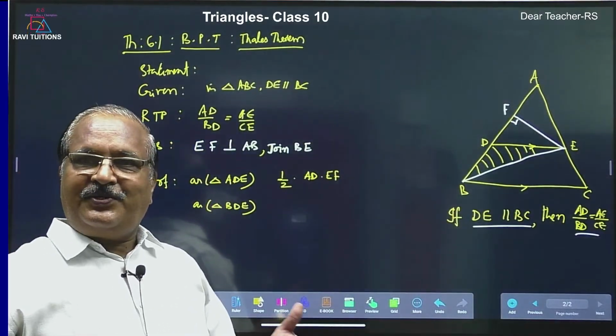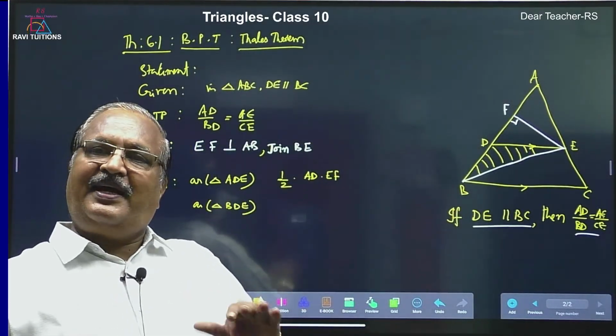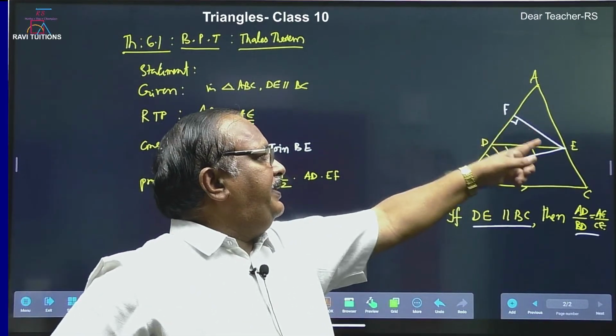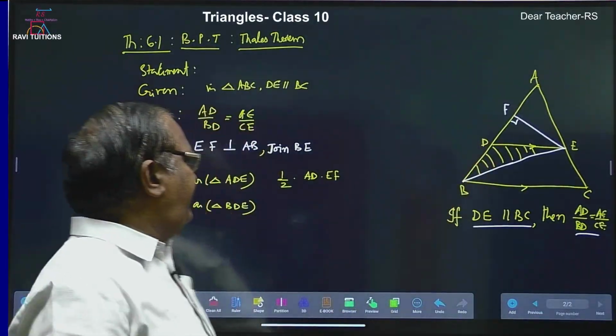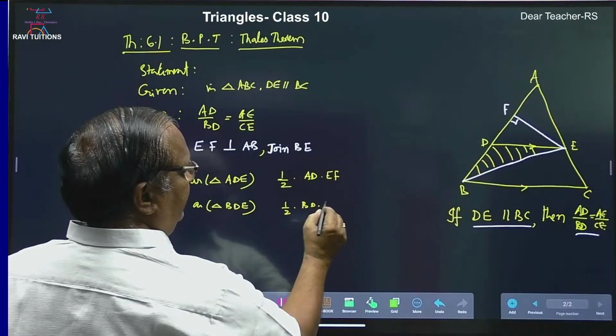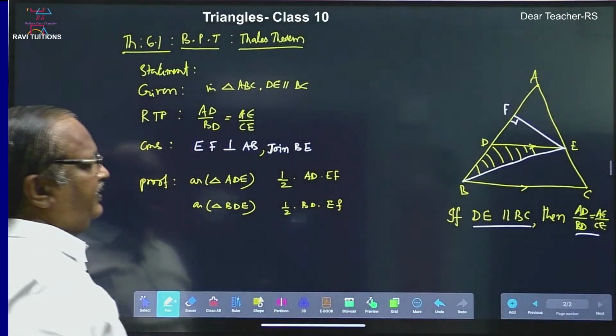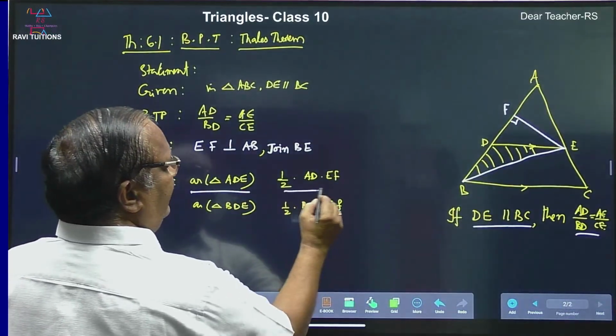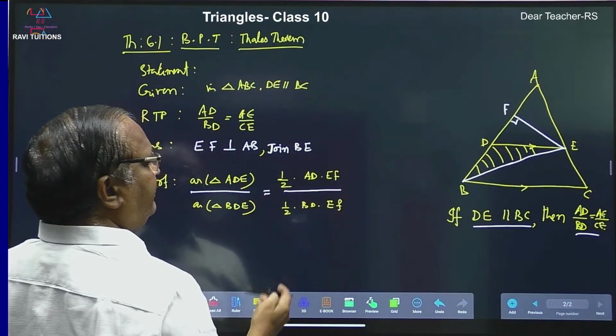For that also I need to take one base and one height. So the height for BD is already there, EF. So let us take BD as base. So half into BD into EF. Now I will divide these two things. So then what happens?